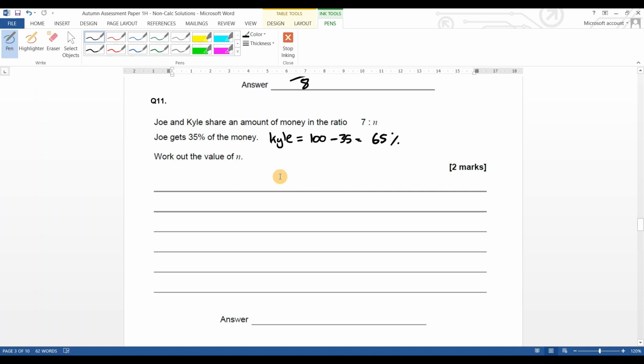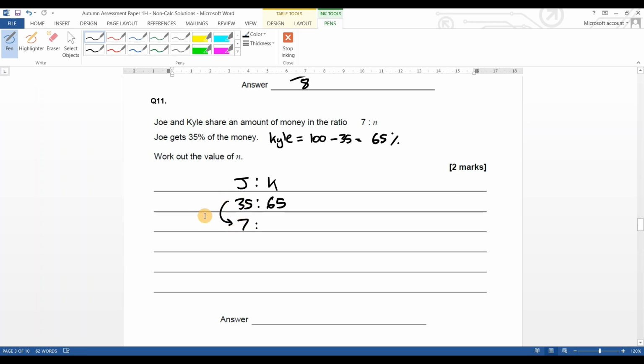So if it's in the ratio 7 to something, we can definitely put this as a ratio, Joe and Kyle. Let's do it in percentage first. Joe gets 35%, Kyle gets 65%, and we want it 7 to something.